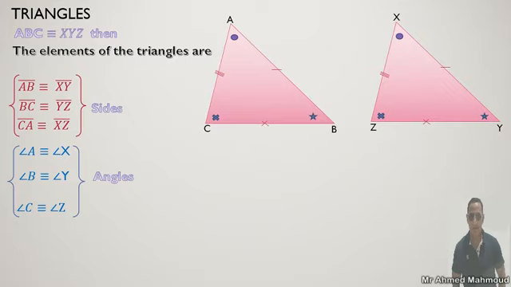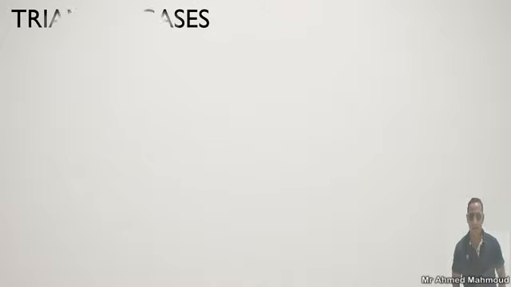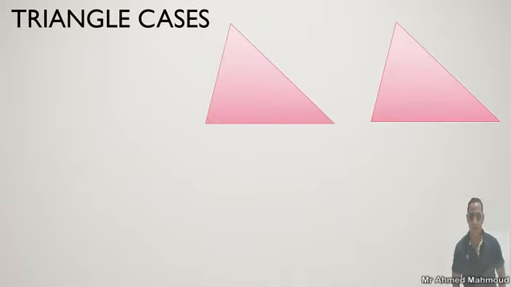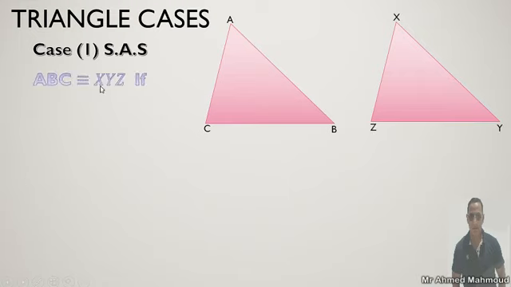Let's learn the first one. The first case with us is called SAS, or side angle side. If we have triangle ABC and triangle XYZ, ABC and XYZ are congruent if 3 elements from the first triangle and 3 elements from the second triangle are congruent according to this case, SAS, side angle side.